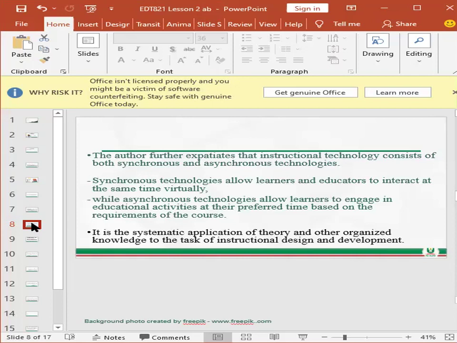So instructional technology is a systematic application of theory and other organized knowledge to the task of instructional design and development.